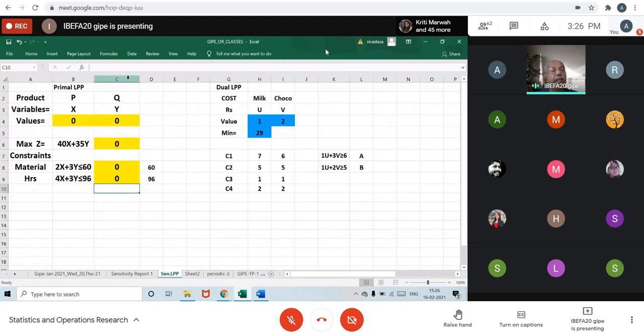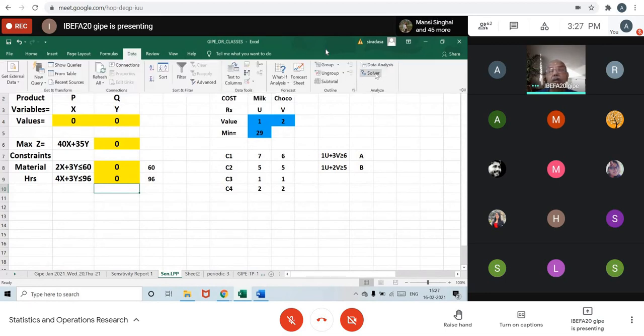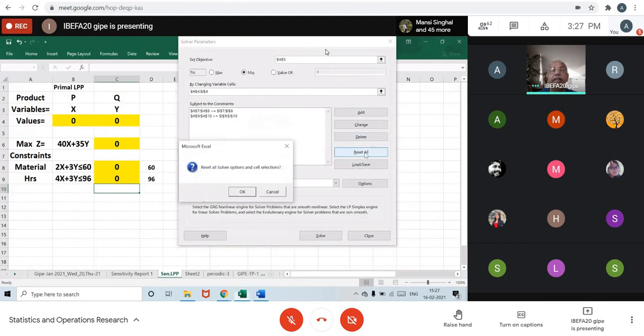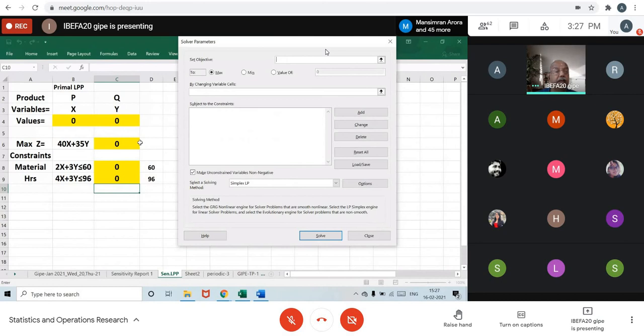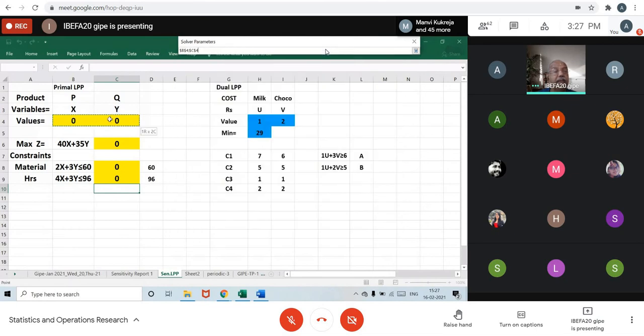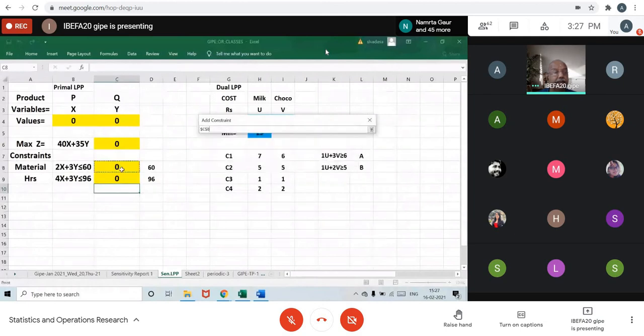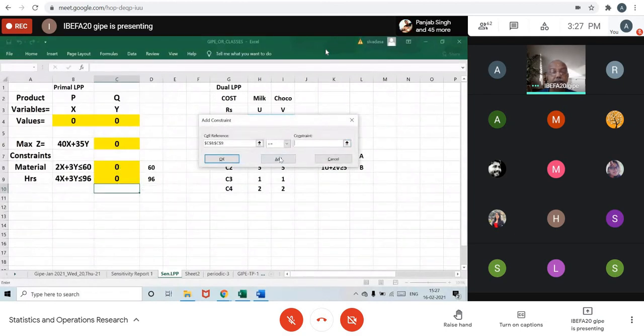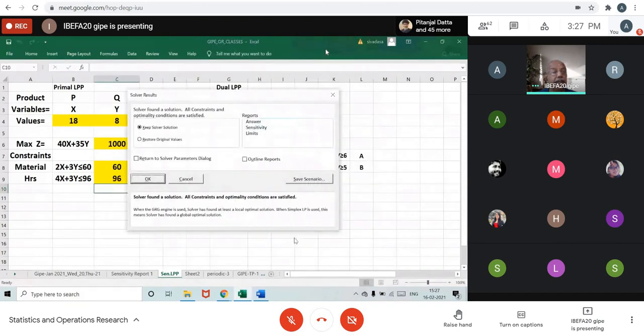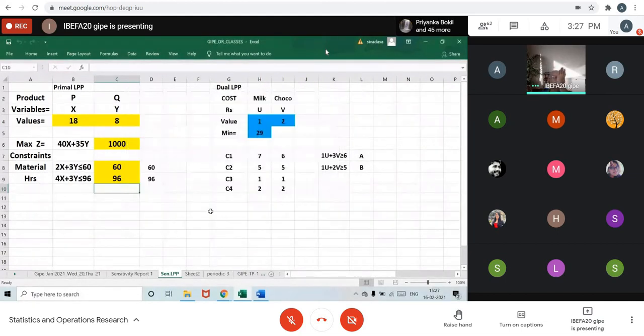So this is my primal LPP. I will be using the solver to get the answer. Profit maximum. Cells are P and Q. Add. ₹1,000 is the profit.